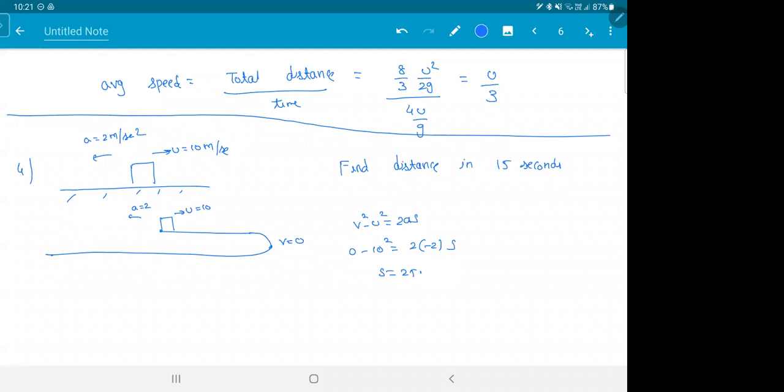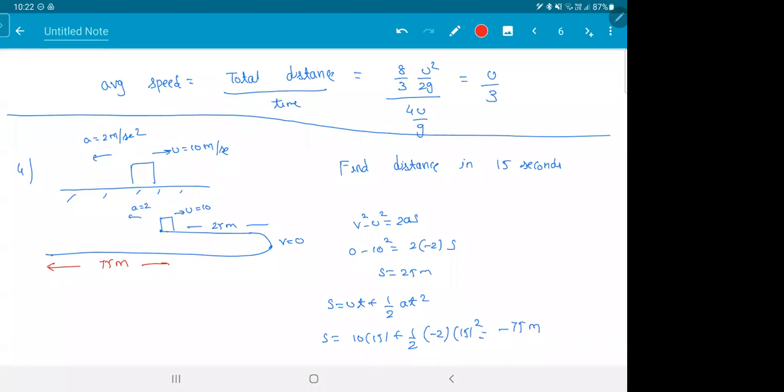S is 25 meters. Meaning you travel 25 meters front and you stop and then you come back. Now, if you use the formula S is equal to ut plus half at square, S gives you displacement. That is 10 into 15 plus half, right is positive, left is negative, so a is minus 2, 15 square. You get minus 75 meters. What does minus indicate? Minus indicates from the initial position, you went 75 meters backward, na?